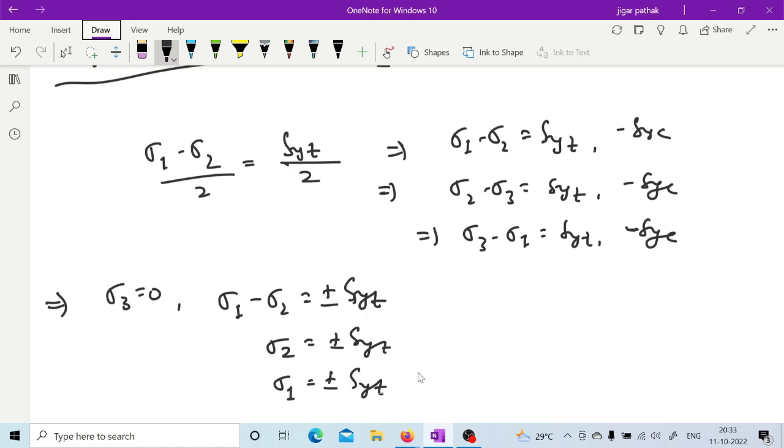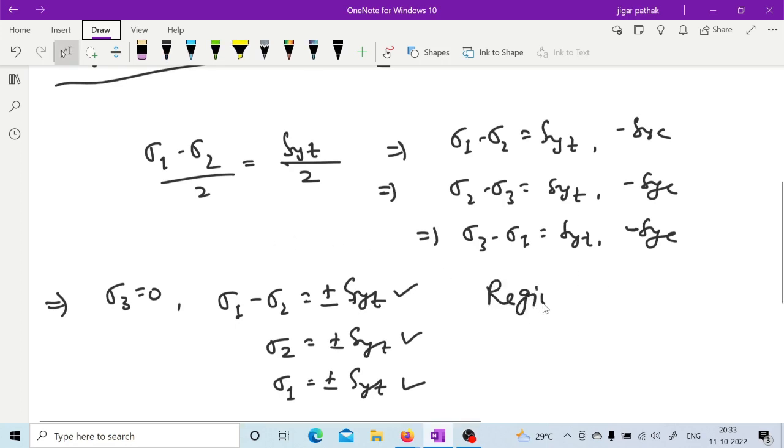Once you are done with this, you can plot this region of safety with these equations. These are equations of lines. When you write these equations, you can plot the region of safety.